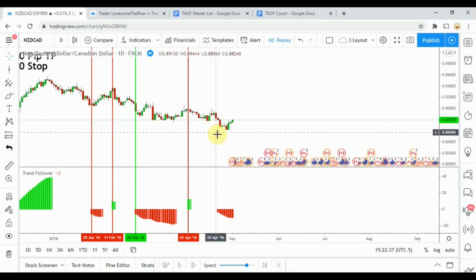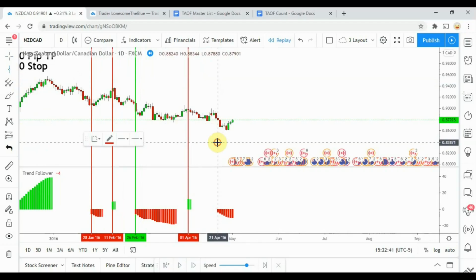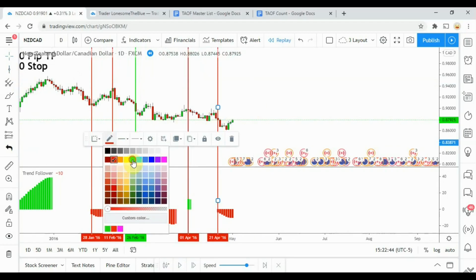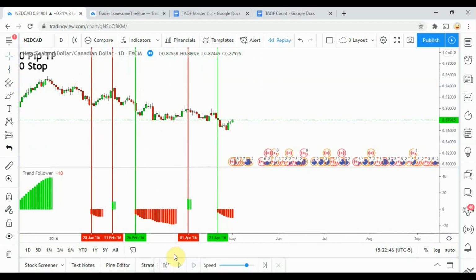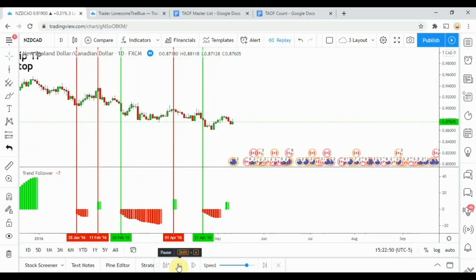Pick up another short here on this one. That one worked out for us, and so we're still slightly behind on the losing trades. Just keep plugging along here with it.